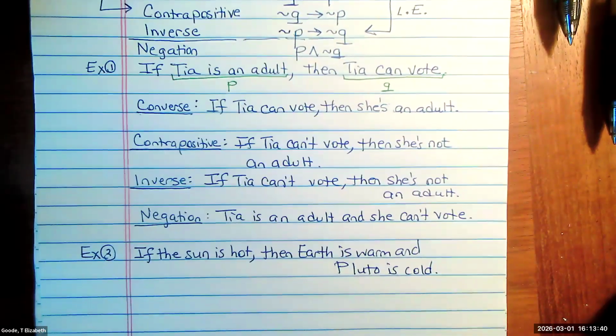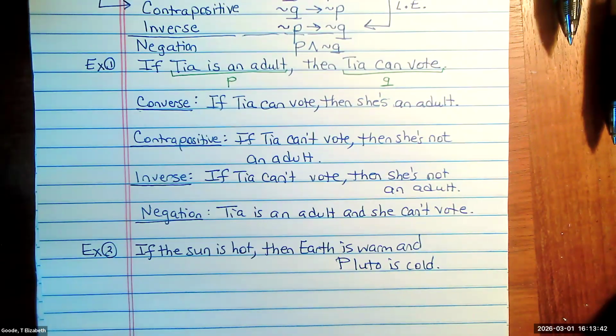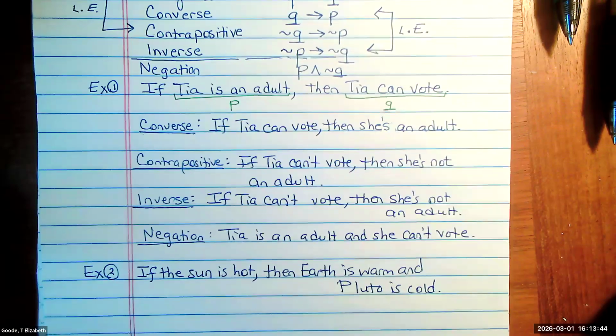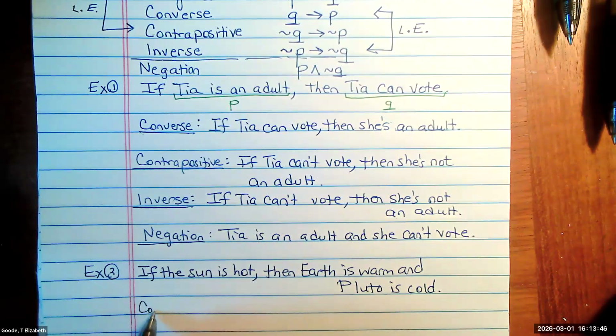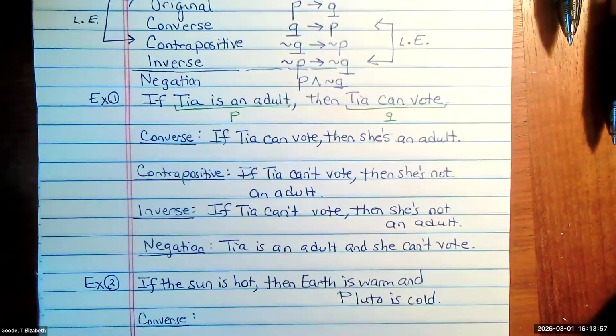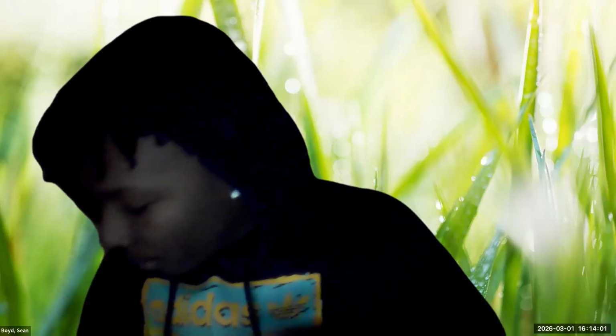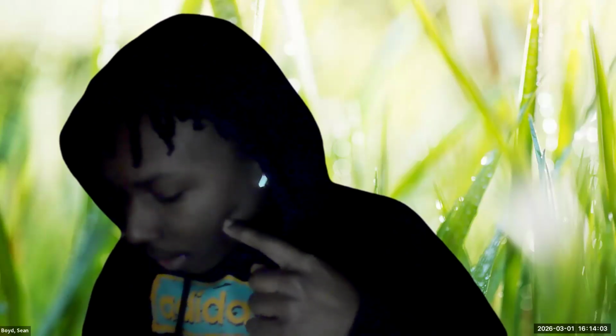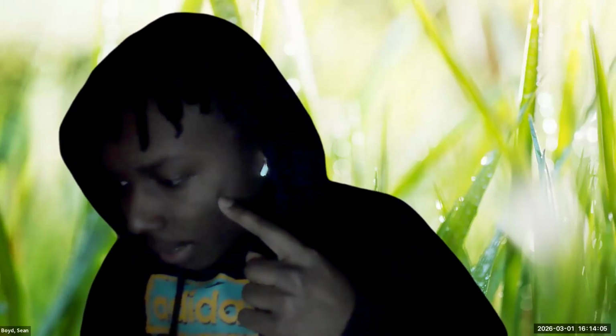Silly, but I'm just trying to make a simple kind of example. All right, let's write the converse. Okay. The Earth is warm and Pluto is cold, and the sun is hot.